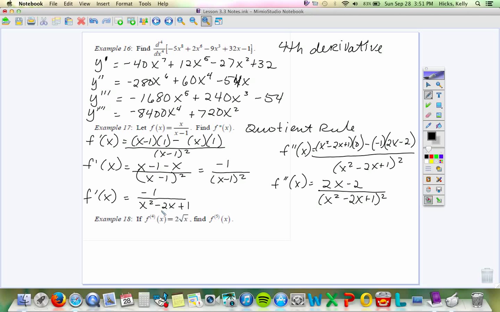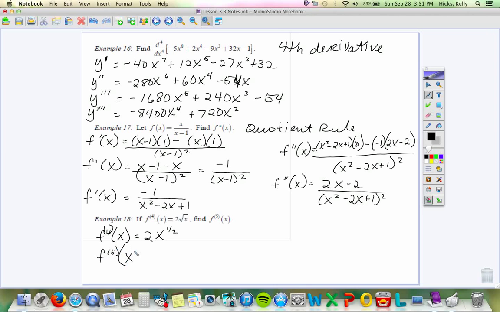All right, let's look at the next one. Find f raised to the fourth. How would we say that? We'd say find the fourth derivative of the function. No, I'm sorry. They want us to find the fifth derivative if the fourth derivative is 2 times the square root of x. So if the fourth derivative is 2x to the 1/2 power, I always change my square roots and things into an exponent before I do the derivative because it makes your life easier.